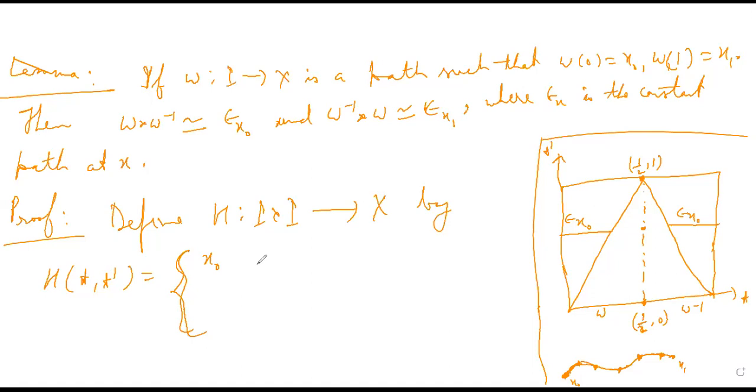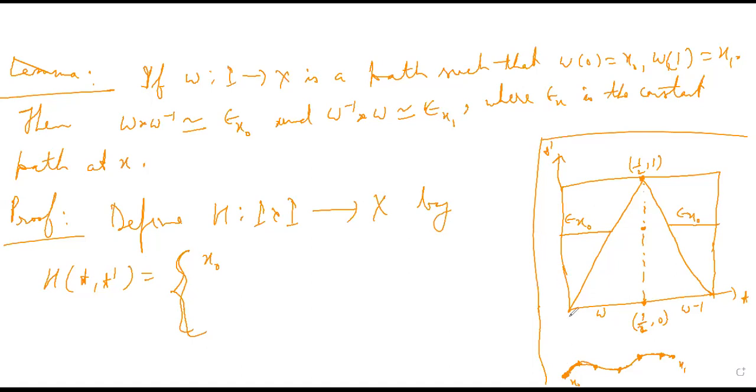So initially it is this. So you see, this constant portion of the constant path keeps on increasing, right?